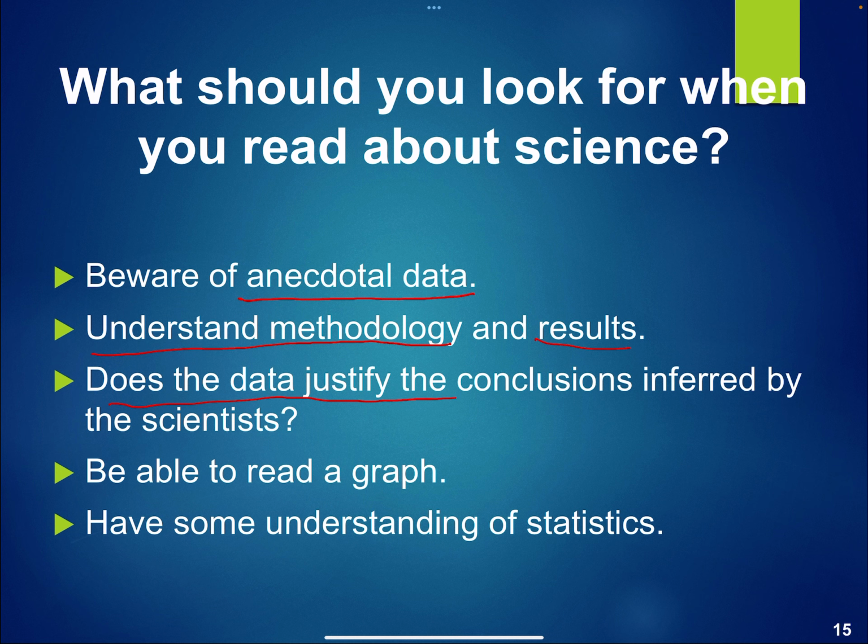So when we read, we have to read with a critical mind, right? We have to be able to read graphs to understand what these graphs are conveying as information, and we have to be able to understand the statistics because statistics plays a very important role, right?